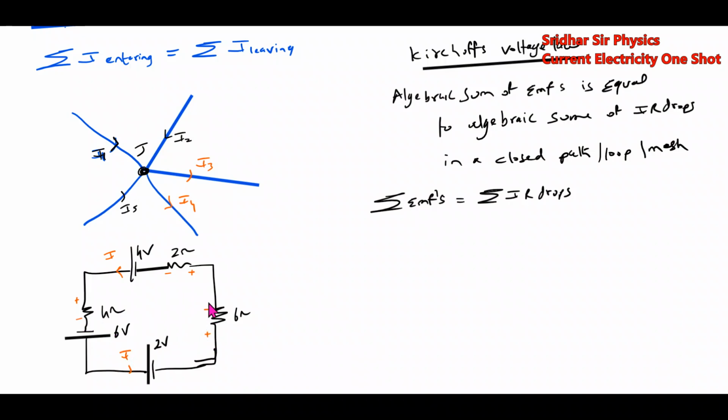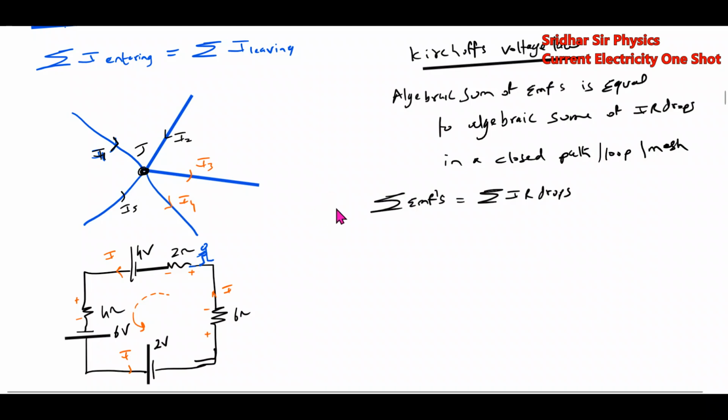So current I will then traverse the loop. You can traverse clockwise or anticlockwise. I'll move from here. Just imagine yourself walking along the loop from here.